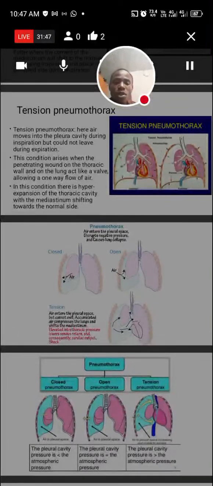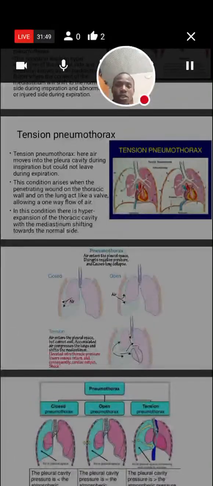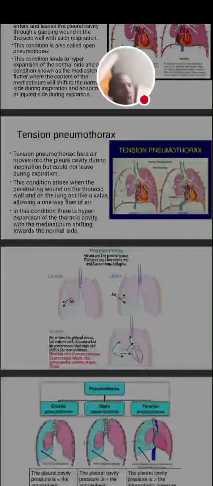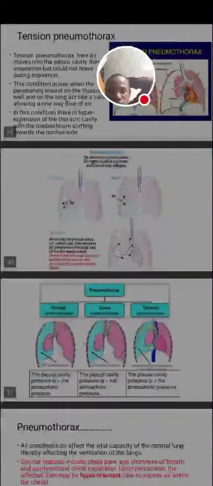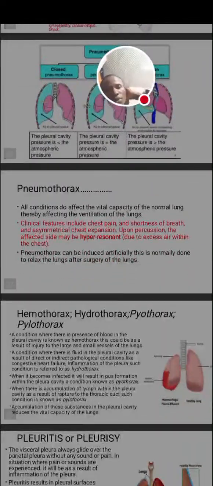And there's what? There's a valve-like wound. You see? So that's what they're trying to show.